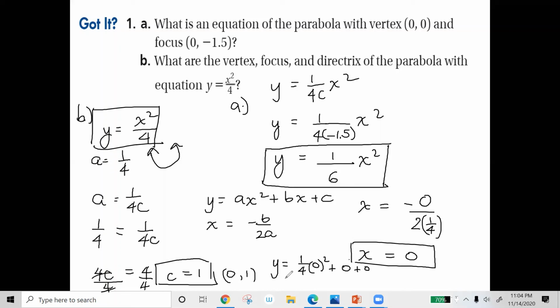So simplify, what is 1 over 4 times 0 squared plus 0 plus 0? So y is equal to 0. Now, what is our vertex or center? We have x and y, so (0, 0) is our vertex or center. And that is for letter B.